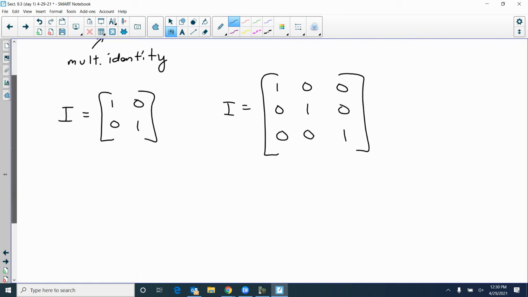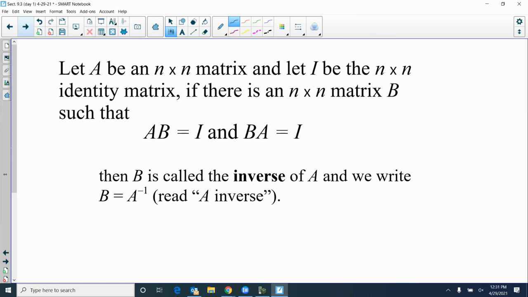So matrix A times the identity is always going to give you matrix A back. What we want to know is the inverse. We want to create two matrices that multiply together to give me the identity. That's the next piece here. If you have two matrices, they have to be square.